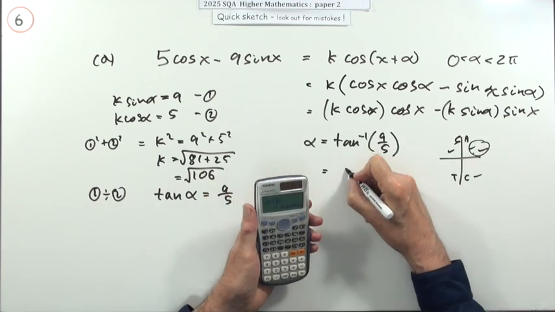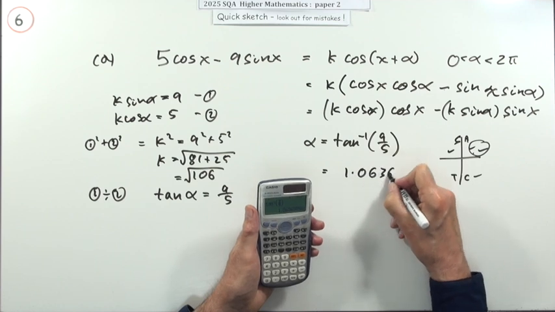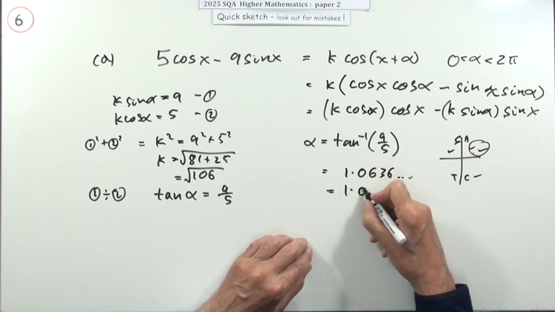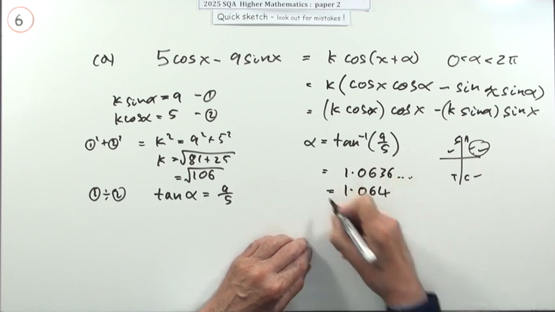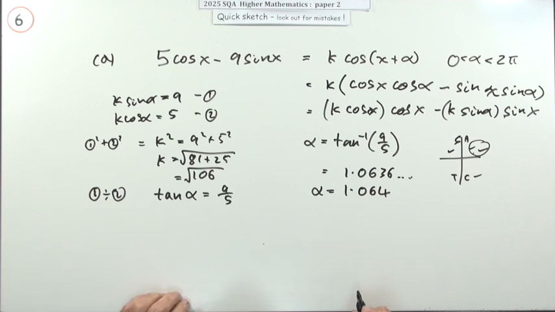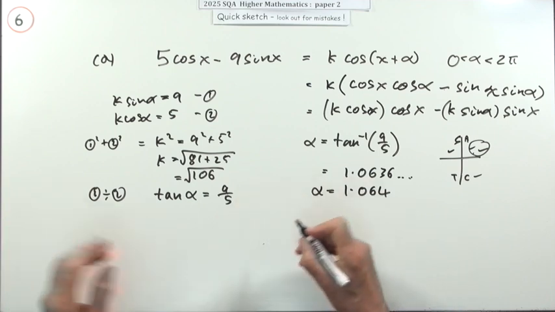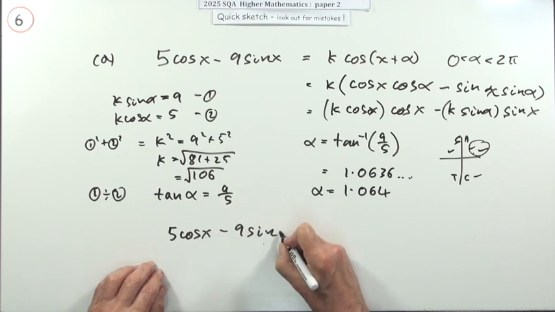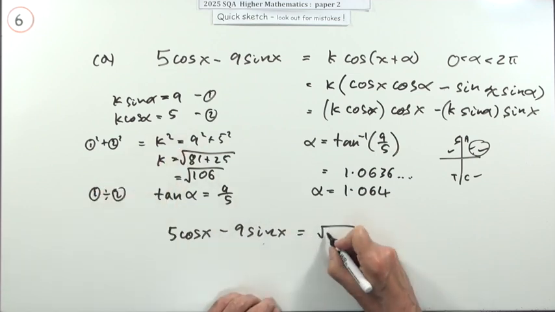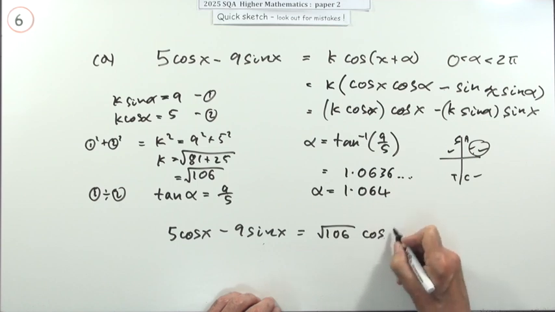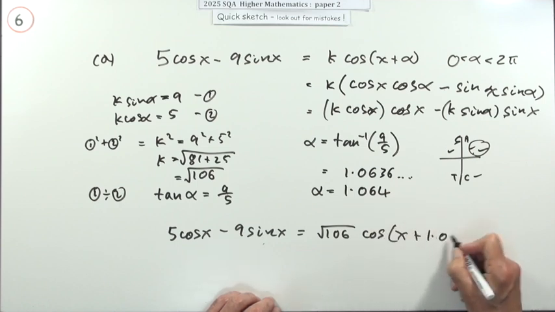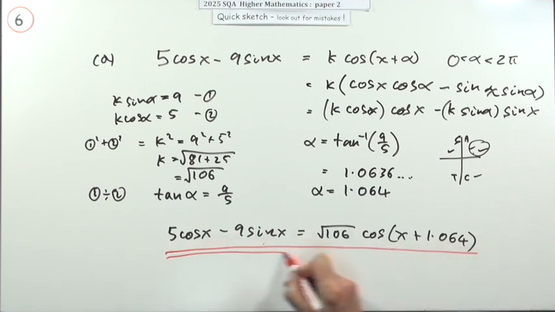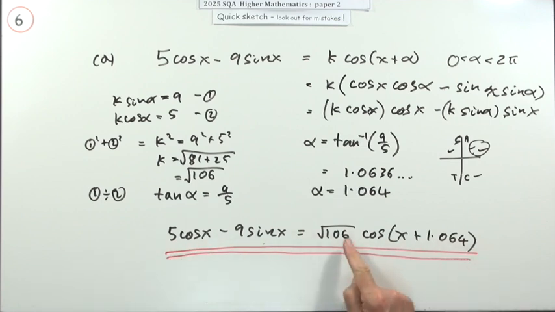And then you'll get an answer of 1.0636 and so on. I'm going to keep it as 3 decimal places here, 1.064 for alpha. Now it doesn't really matter what alpha is because I'm going to finish it off by saying this. So now I've got 5 cos x plus 9 sin x is root 106 cos of x plus 1.064. There we go, look, 106, 106.